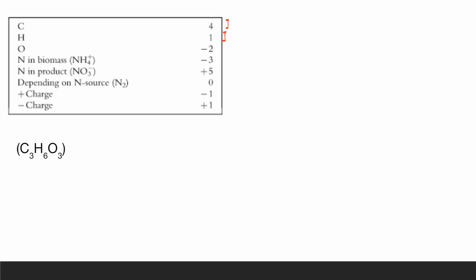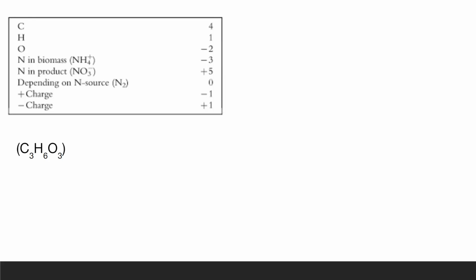For oxygen, since it is not capable of giving electrons but takes electrons in these compounds, it is -2. Similarly, for nitrogen in biomass, it is -3. Nitrogen in product, which is usually NO3 minus, is +5. Depending on the nitrogen source, if it is N2, it is 0. For a positive charge, it is -1, and for a negative charge, it is +1.